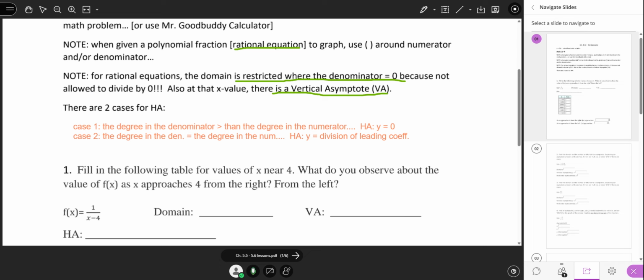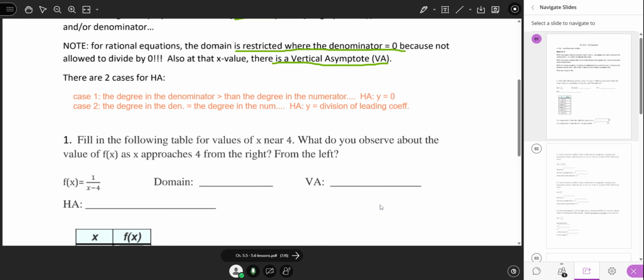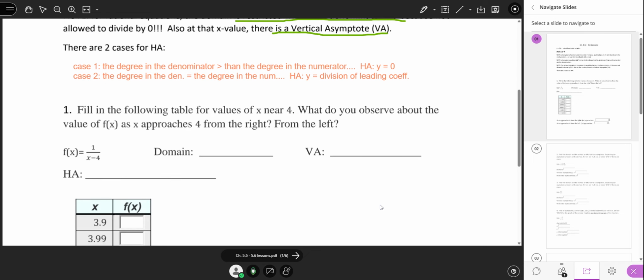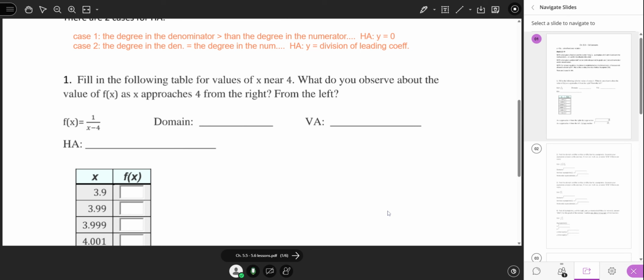So number 1, which is actually, I think, number 2 in your homework, is 1 over x minus 4. So I'm going to Desmos with this.